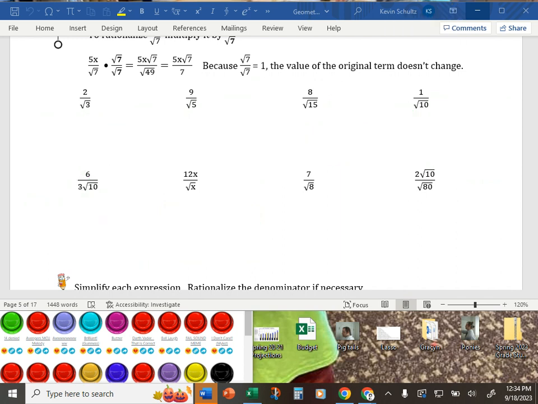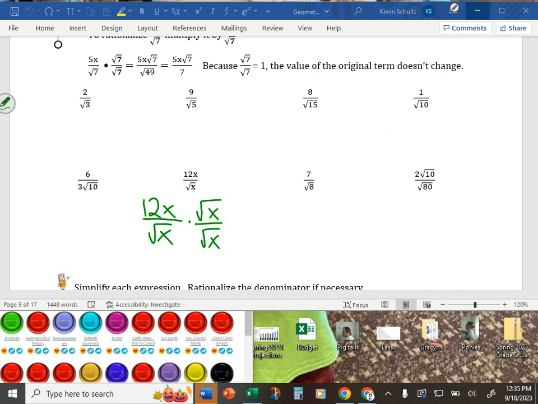12x over root x. What are we multiplying by? Root x over root x, over itself. Whatever the root is that you want to rationalize, whatever the root in the denominator is, whether it's a number or a variable or a whole expression, you multiply by that over itself.